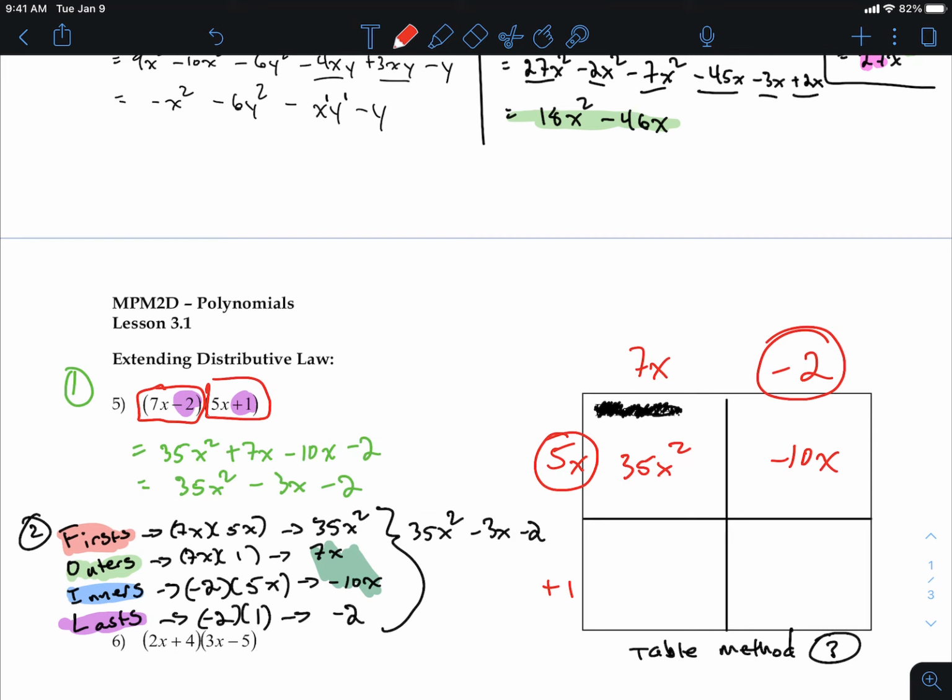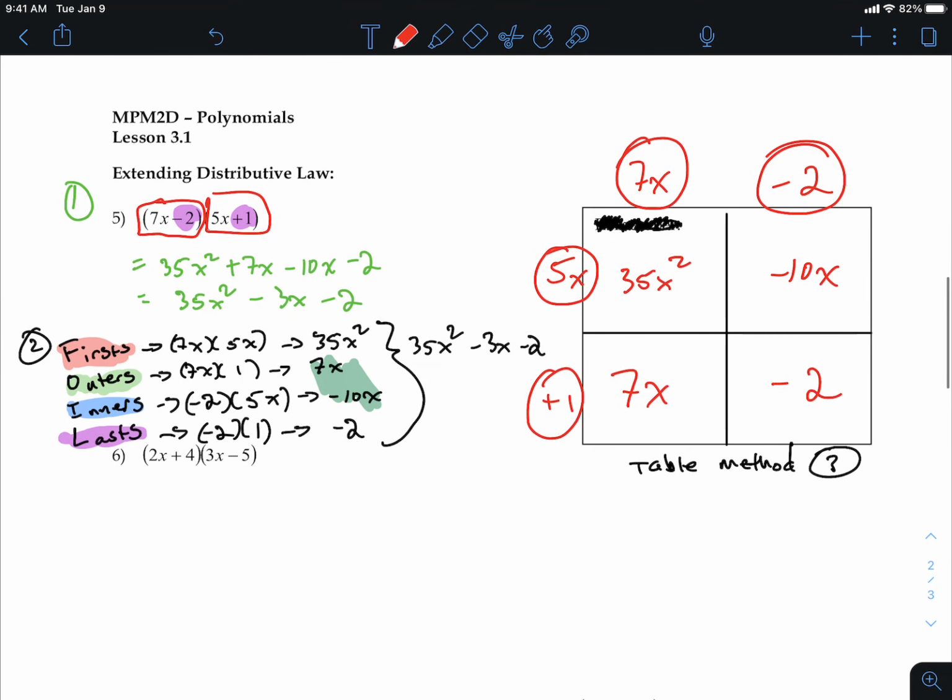Then positive 1 times 7x is going to be 7x, and positive 1 times negative 2 is going to be negative 2. Then all you have to do is collect the two terms that are in the middle.